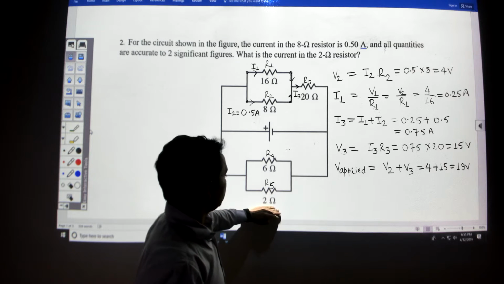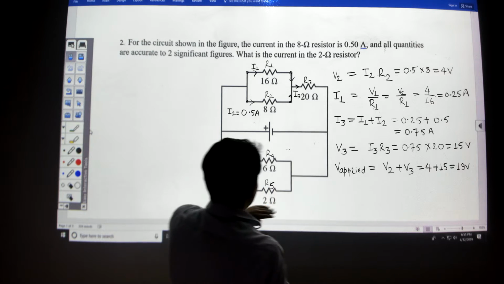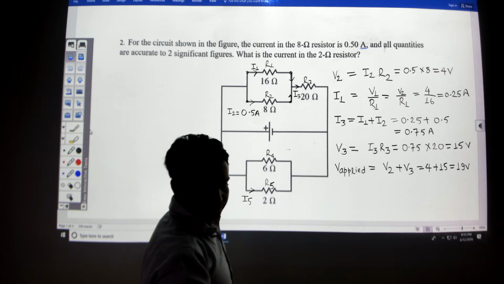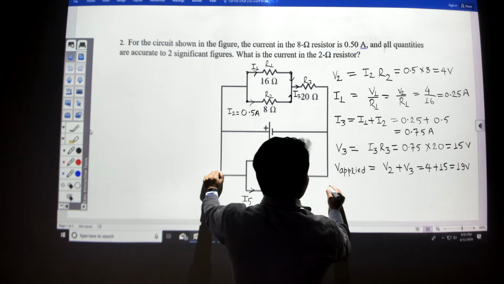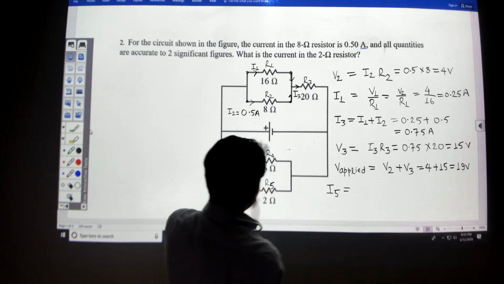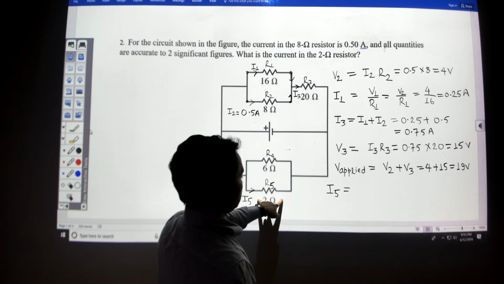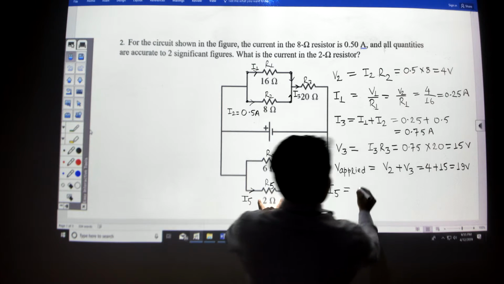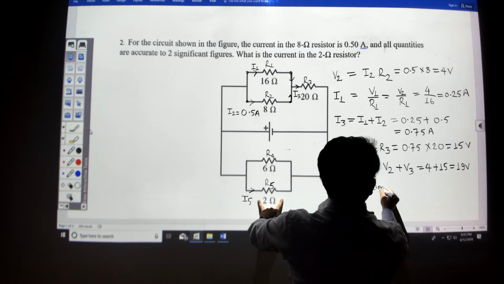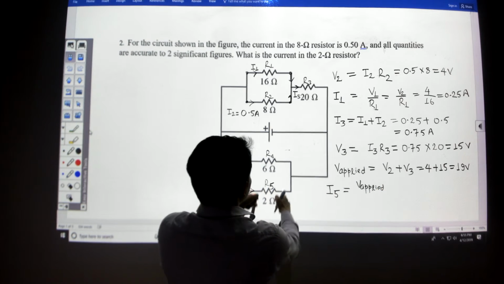So how do I find the current? We call this current I5. I5 is given by the potential across this resistor, which is equal to the applied potential V applied, because you see these two are in parallel.